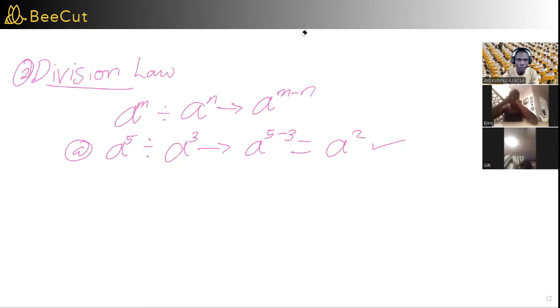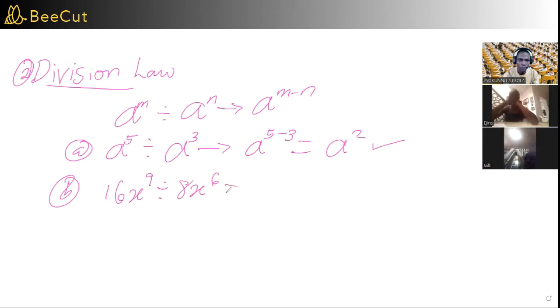So let's assume you have something like 16x raised to 9 divided by 8x raised to 6.